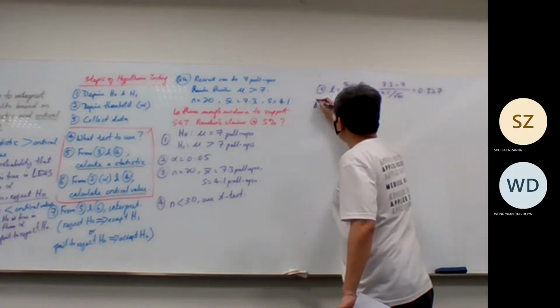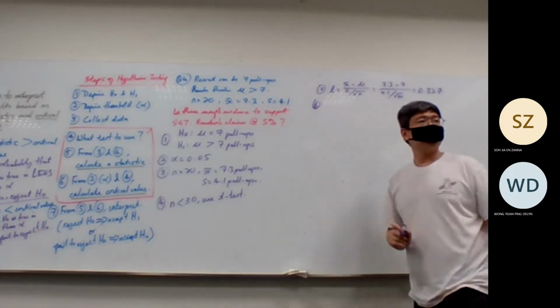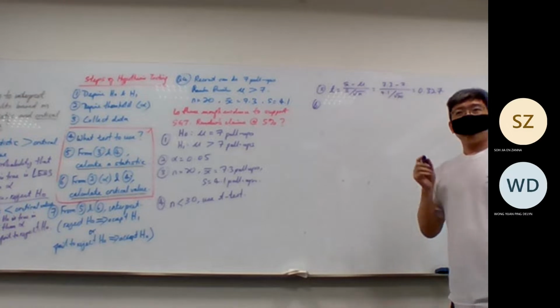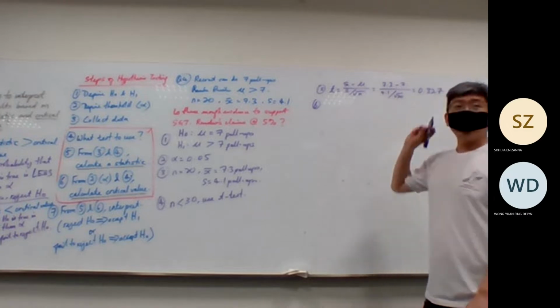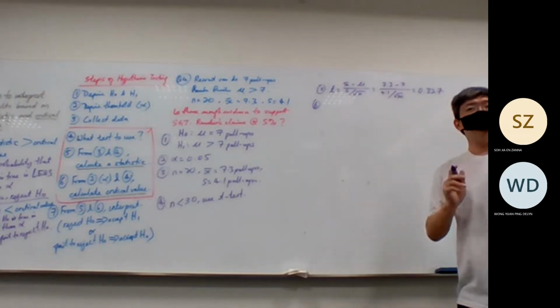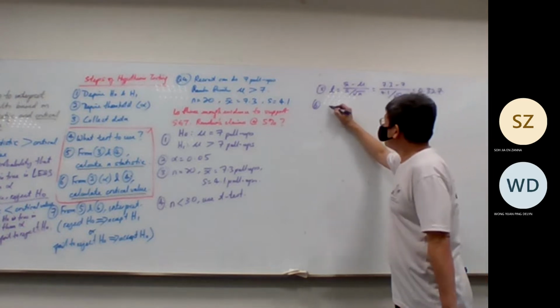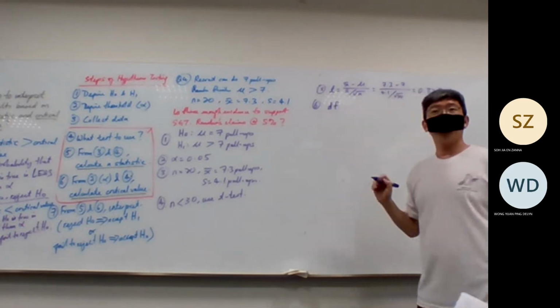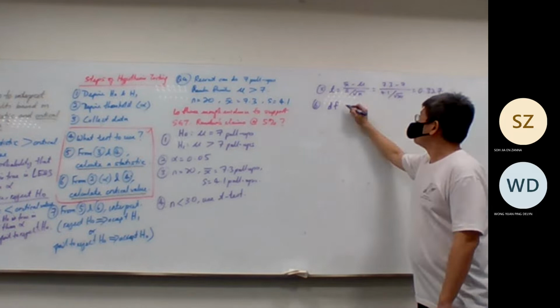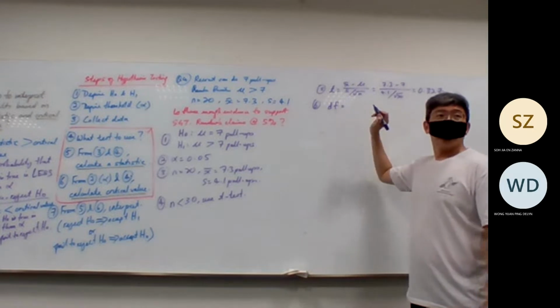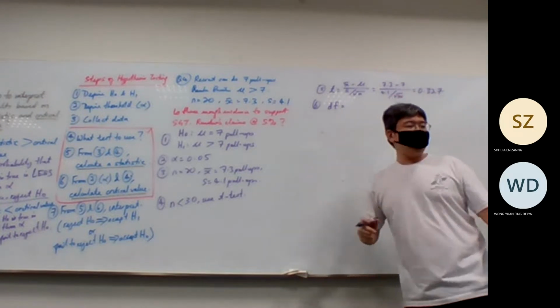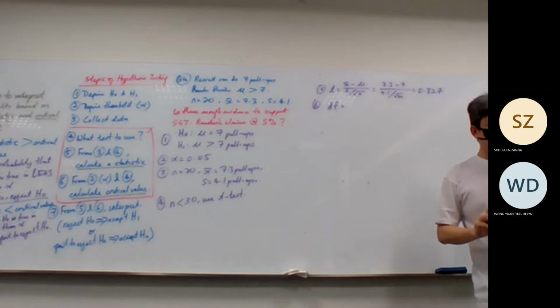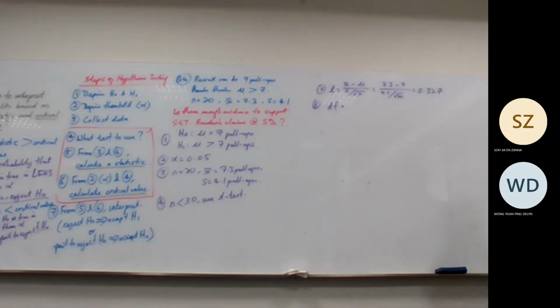Step 6, you need the critical value. Now, for the critical value for the t-distribution, you need one more thing that is called the degrees of freedom. Okay, now what is degrees of freedom? What is degrees of freedom to you?